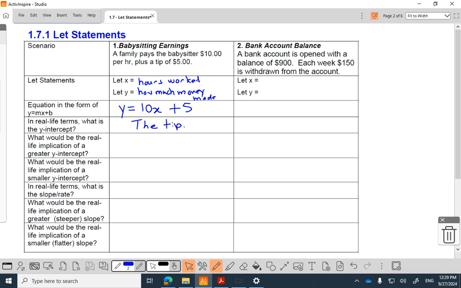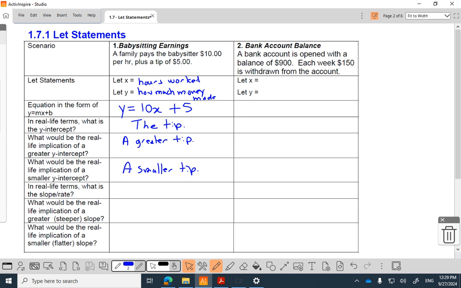A greater y-intercept would be a greater tip. What if you get a smaller y-intercept? A smaller tip, yeah. Sometimes math questions are like, you're scared because they seem a little easy. Yeah, these weren't supposed to be overly tough questions.